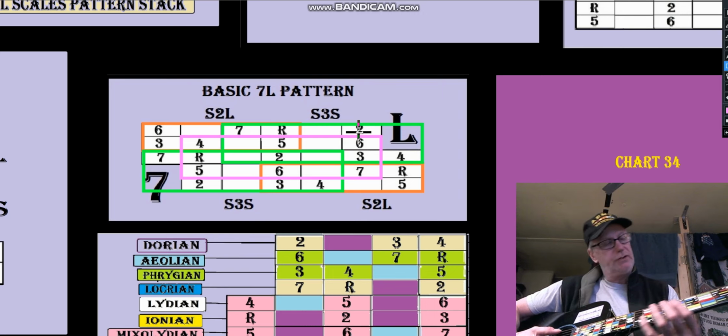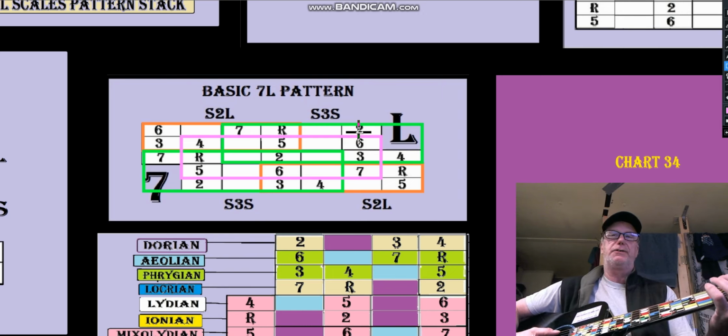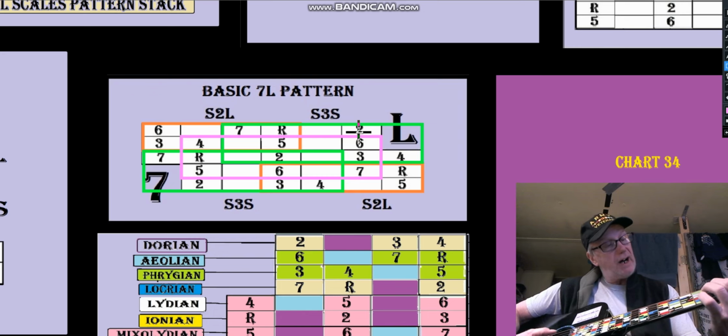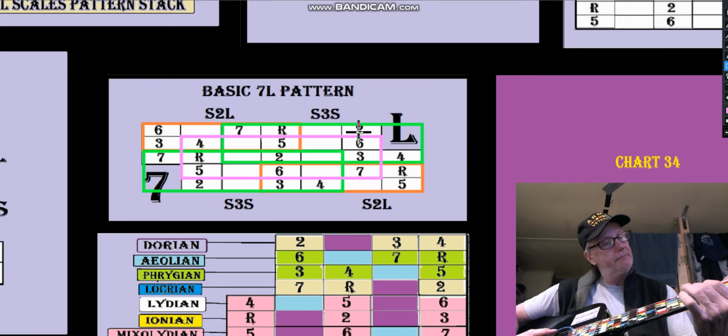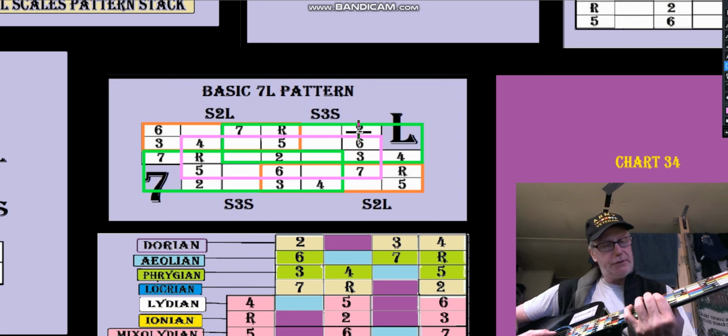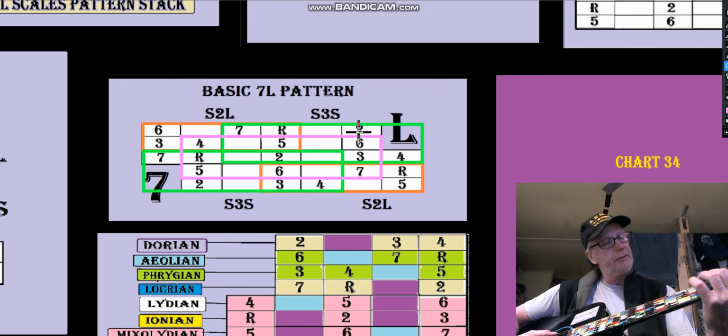So if you're doing an S2L and you're going 2, 3, 4, 5, 6, 7, root 2, when you get to that 5, 6, you can do this big long 5, 6 there.